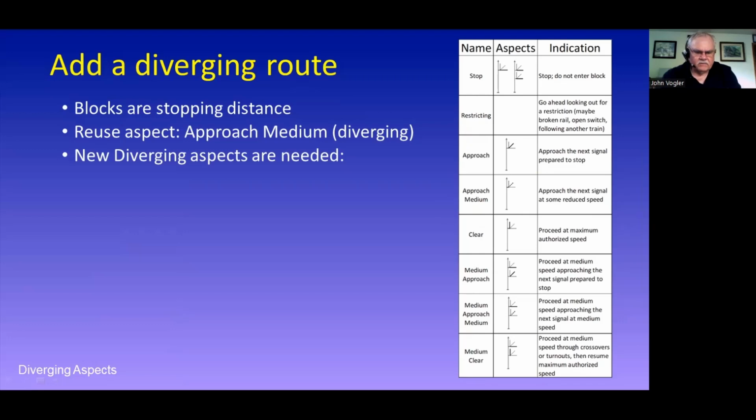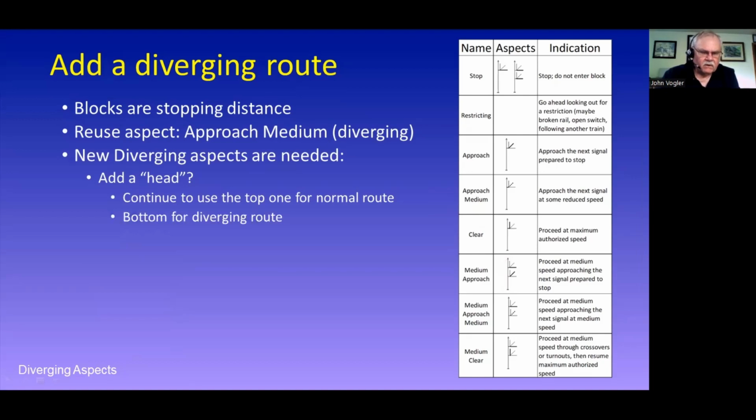We need some new diverging aspects. So what we're going to do is add another head. So here you can see we've got an additional head here that's going to modify the upper head. So the top head will continue to be used for the normal route, and the bottom one will govern the diverging route.